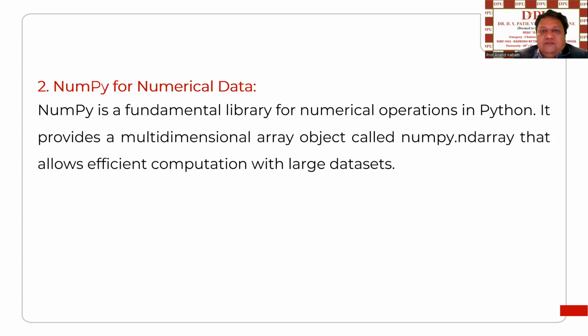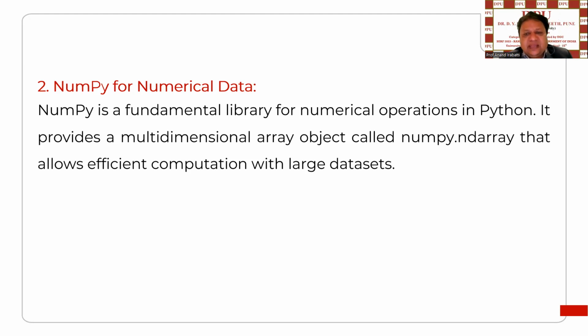Now, we start with NumPy for numerical data. NumPy is a fundamental library for performing numerical operations in Python, which provides a multidimensional array object called numpy.ndarray that allows efficient computation with large data sets.